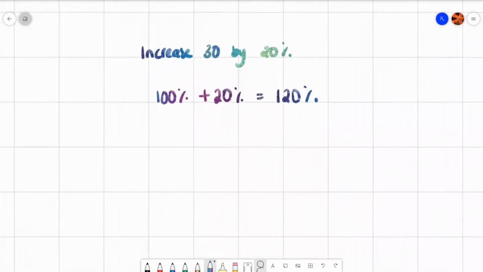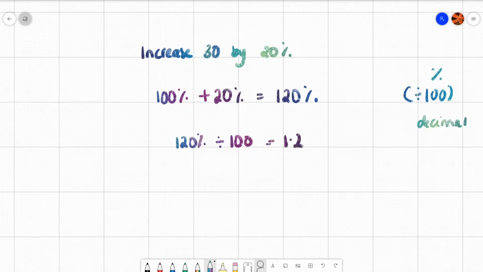Now, what's 120% as a decimal? How do we convert a percentage into a decimal? We divide by 100. To convert a percentage into a decimal, you always divide by 100. So if I divide 120% by 100, which you can do in your head, that's 1.2.